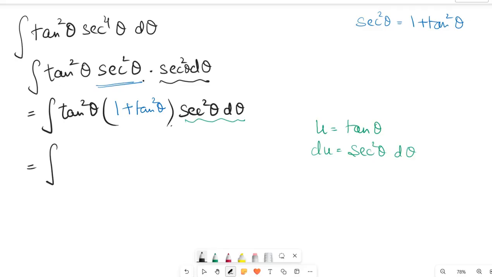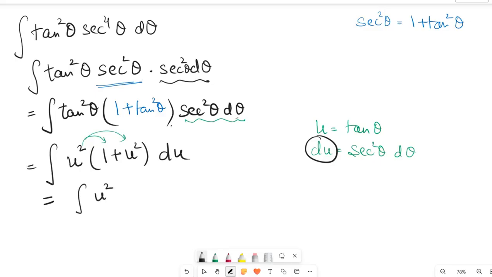is already there. So tangent is u, so this becomes u square. 1 plus u square. This secant square d theta becomes du because of this. We distribute inside. This will look like u square plus u to the fourth du.